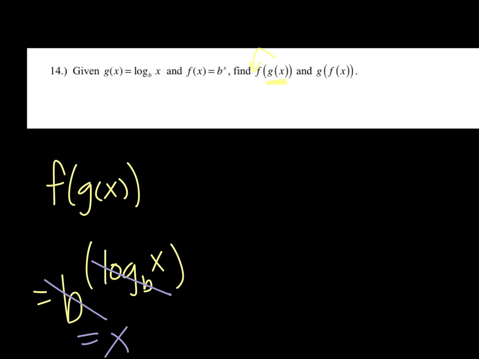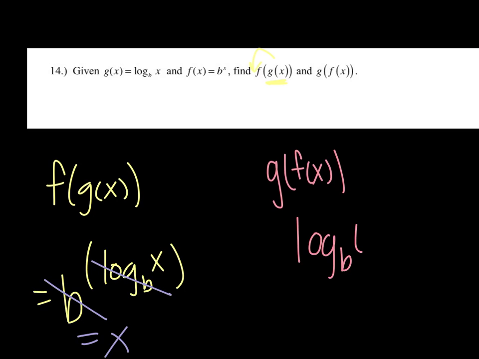Okay, what about g of f of x? So now it wants us to plug the exponential into the log. So we're going to start with log base b of x, but instead of x, we're putting b to the power of x, which is f. Well, same thing, log base b, exponential expression with base b, they cancel, and it's left with x.